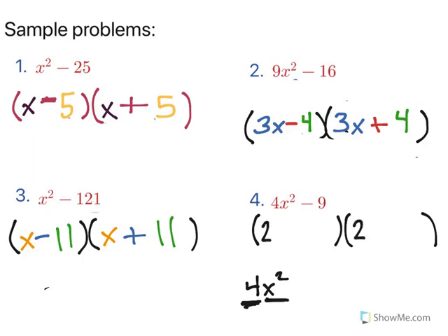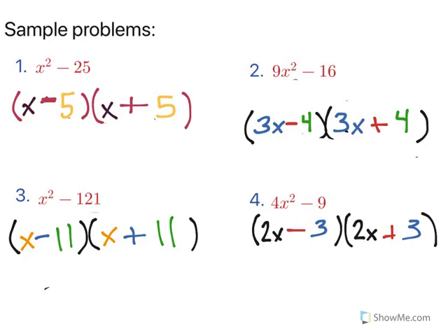I then look at the x squared, and the square root of x squared is x. Then I'm going to look at my 9, which is my second term, and that has a square root of 3.